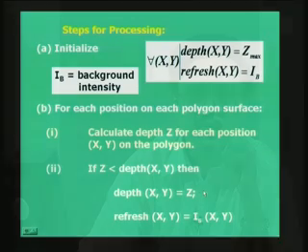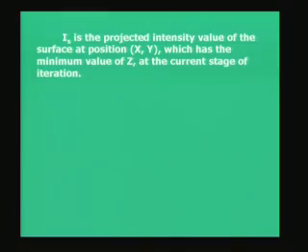Okay. So, I hope the key ideas of the z buffer that you have seen in this slide just now are very simple: initialize and process polygon by polygon. For each polygon compare depth, and based on the comparison update the depth xy, and also, if you are updating depth xy, update the intensity refresh buffer also. So, IS is the projected intensity value of the surface at position x comma y, which has the minimum value of z at that current stage of iteration.